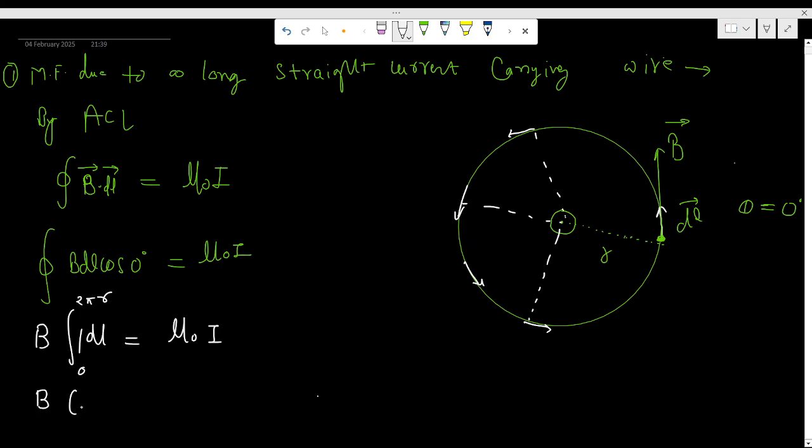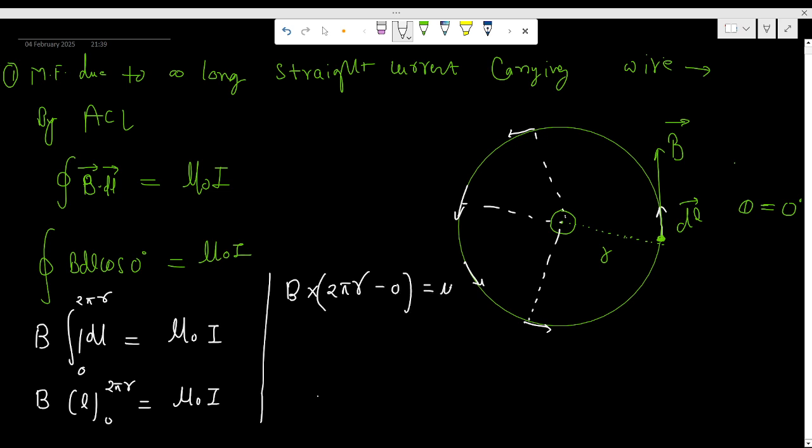The integration of 1 is L, and then we have 0 to 2 pi r. Now you just need to put the limits. So B times 2 pi r, and you can ignore 0, or you can put 2 pi r minus 0, equals mu naught I.